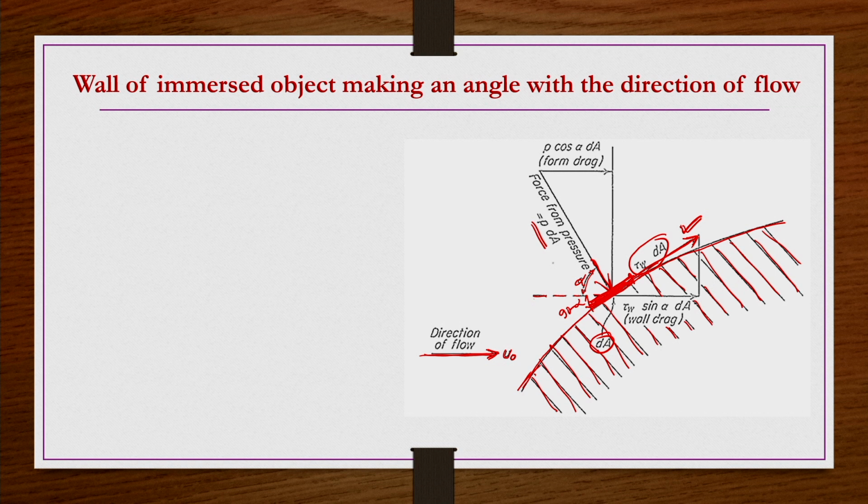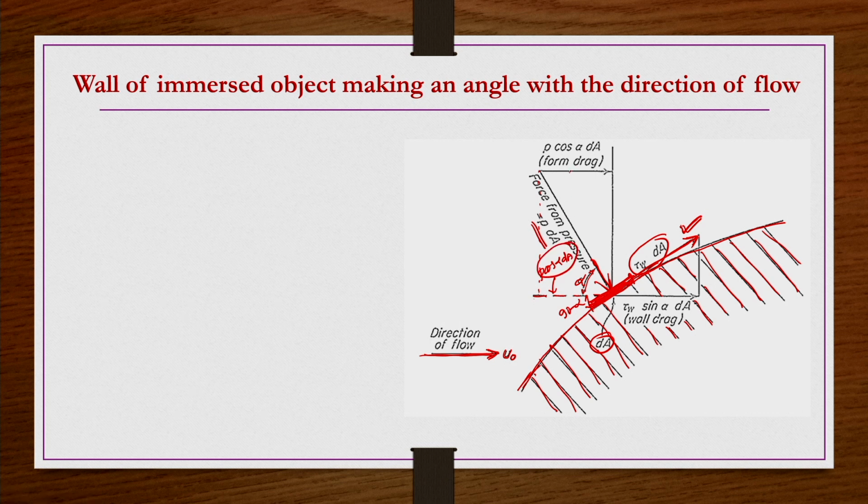So we have to find their respective components in the horizontal direction. If this is the alpha angle, then this component is P sin alpha dA, and the component in the flow or horizontal direction is P cos alpha dA.